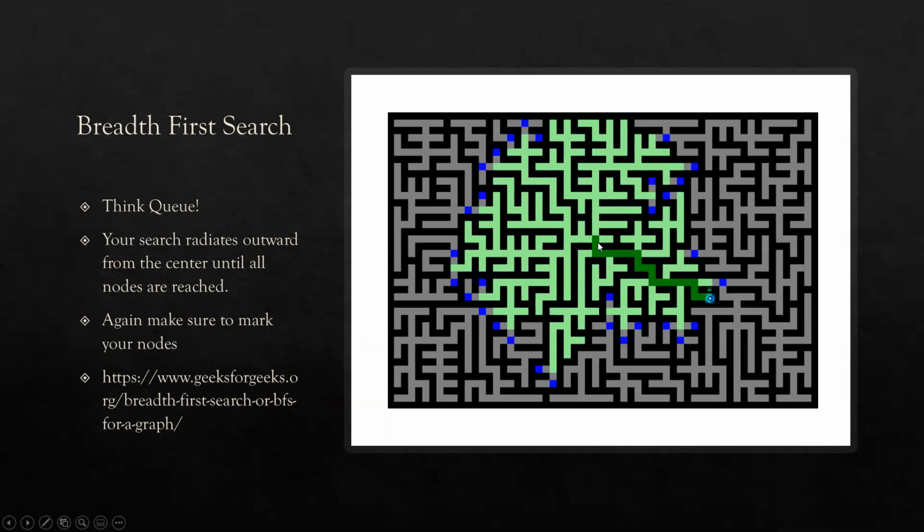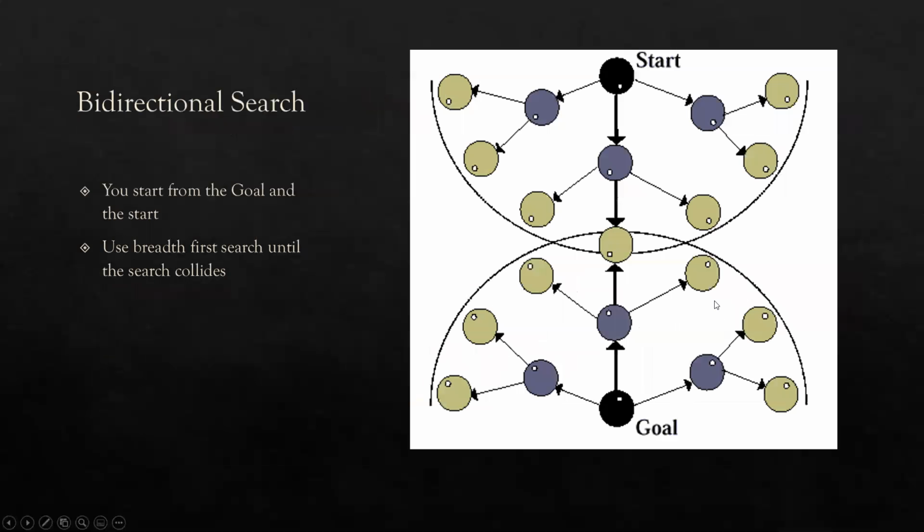And depending on how you implement your algorithm, we will be able to reconstruct this path from the source to the end. And here's a really simple diagram. You have the start and you have the goal, and you're trying to look for where they intercept in order to discover, oh, there is a path from the start to the goal. And this implementation of a search can drastically cut down the amount of time it requires for us to find our goal.